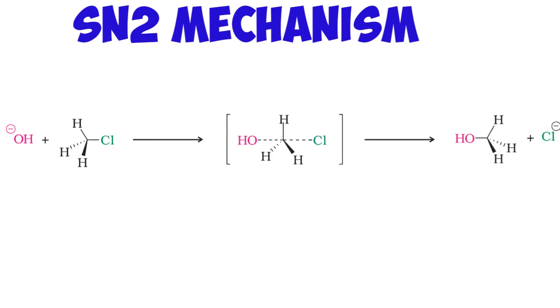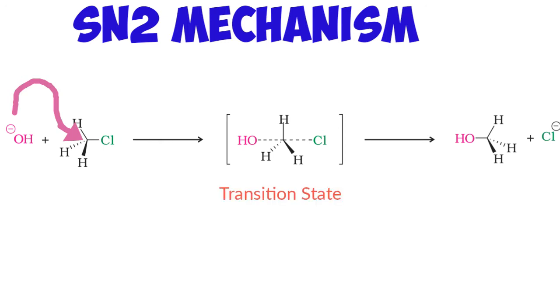When the incoming nucleophile interacts with alkyl halide through back, the carbon halogen bond weakens and at the same time carbon hydroxyl bond, carbon OH bond starts to form. These two processes take place simultaneously in a single step and no intermediate is formed here.